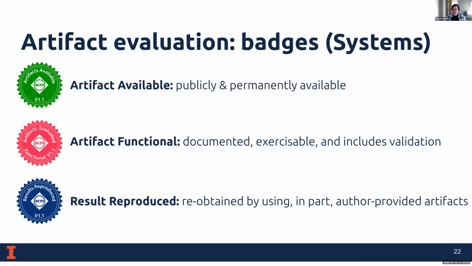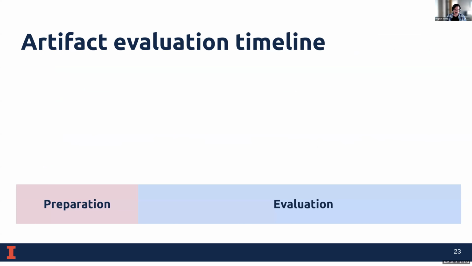How does a typical artifact evaluation timeline look like? Remember, this is after the paper has been accepted through a peer review process. So you submit to a conference, you get the notification that you got accepted, and then you get another notification saying that you're invited to participate in artifact evaluation.